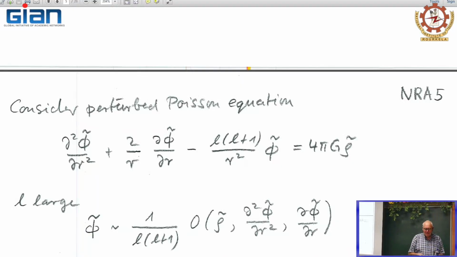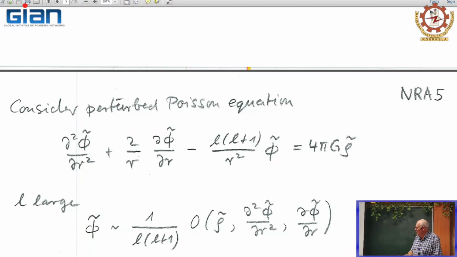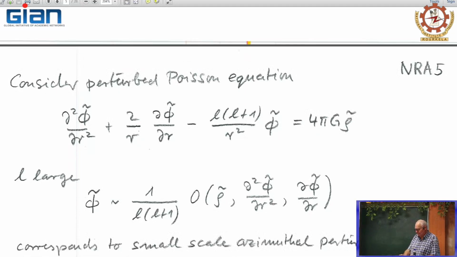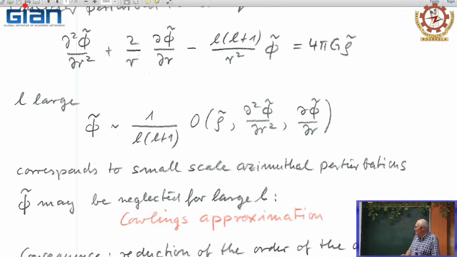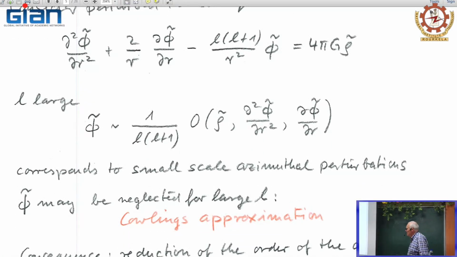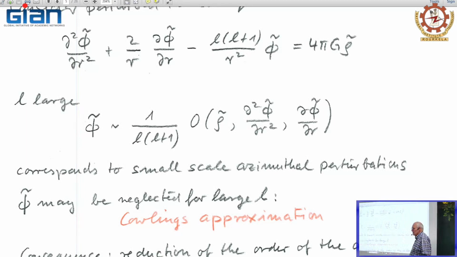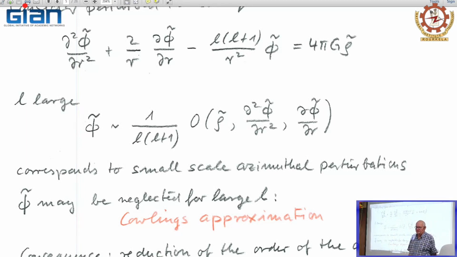So a quite common approximation in considering non-radial perturbation is the so-called Cowling's approximation. We neglect the potential and its derivative completely.